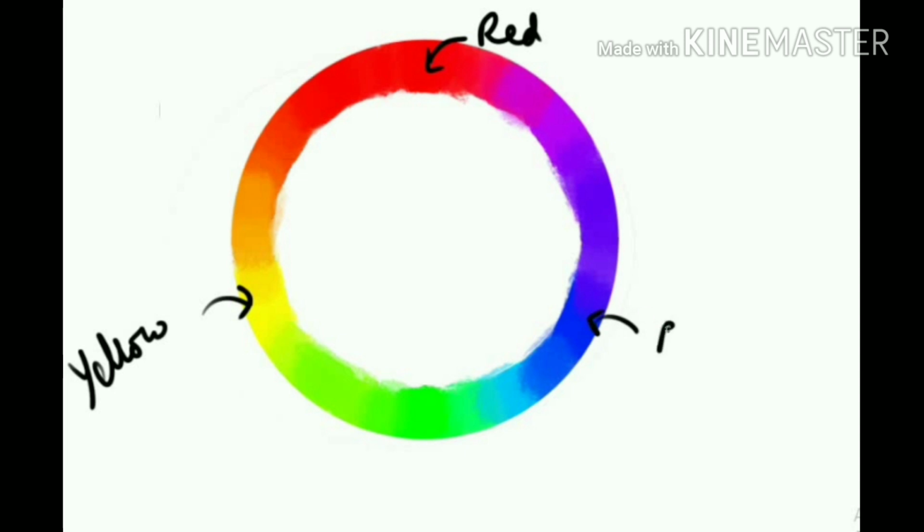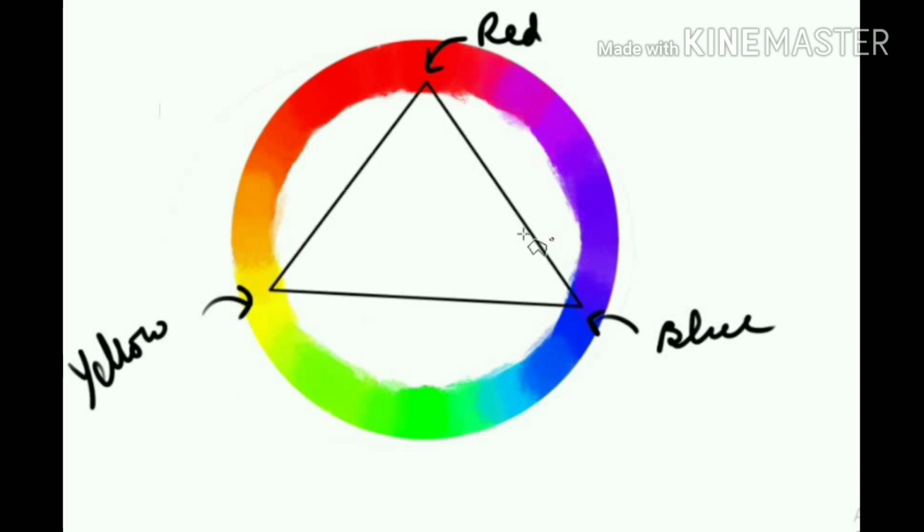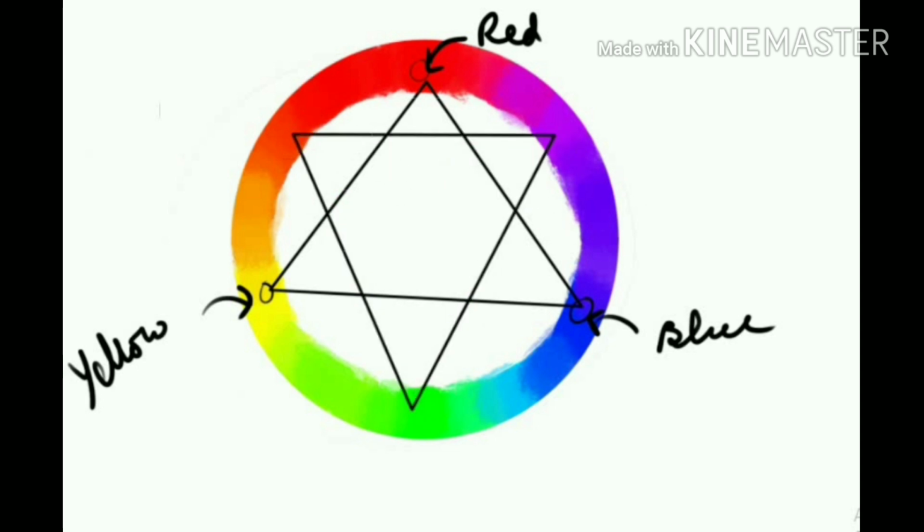Triadic scheme, as the name itself says, contains 3 colors, and the condition is that they are spaced equally, equidistant on the color wheel. Red, yellow, and blue are primary colors, which are always equidistant on the color wheel. Then the secondary colors, orange, violet, and green.